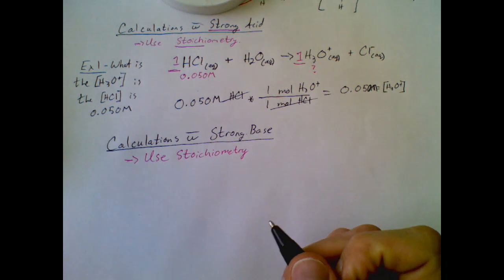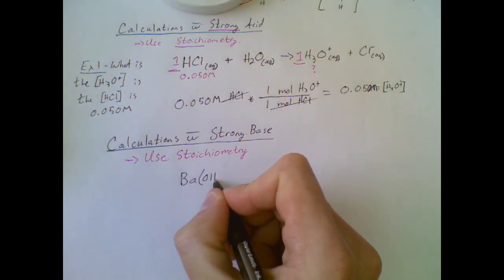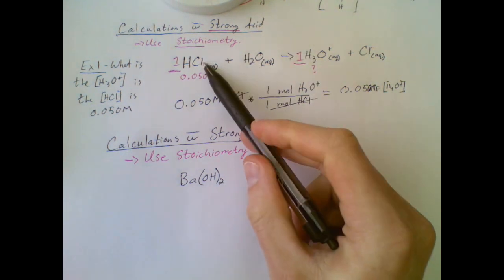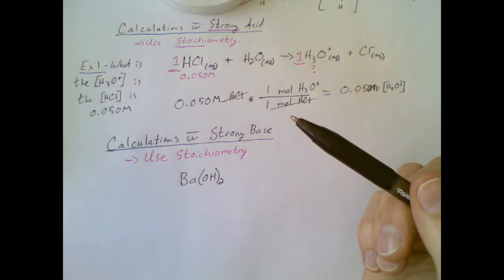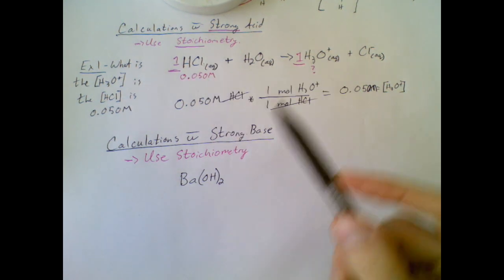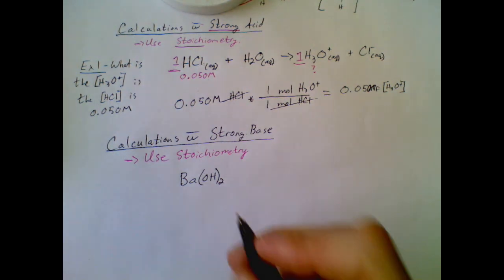The only real difference here is that we're dealing with ionic substances. HCl is actually a covalent substance, and it ionizes by reacting with water. The strong bases are all ionic substances.